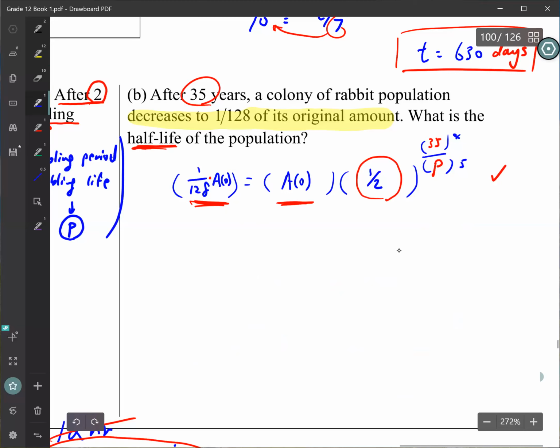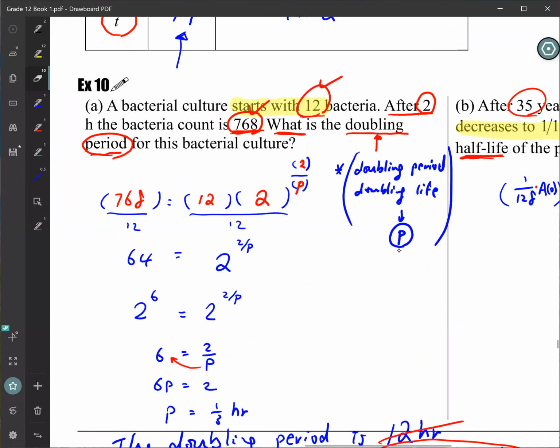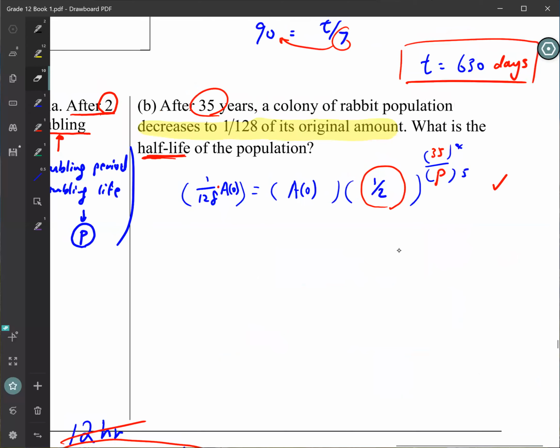So to solve this now, as you can compare with what we had before, your very first step was to divide both sides by 12. So same thing here. We can divide both sides by A0. So you can see if we do that, the A of 0 actually doesn't matter anymore. It's gone.